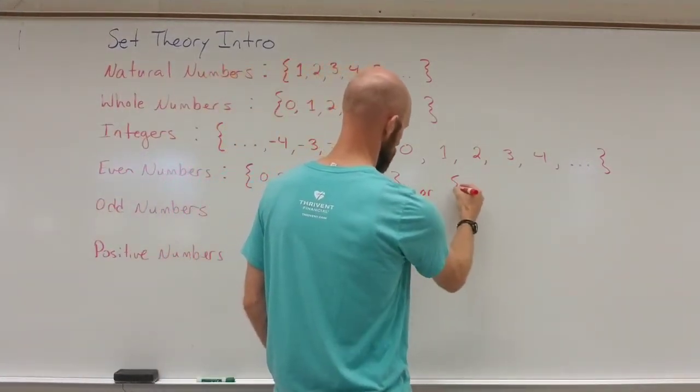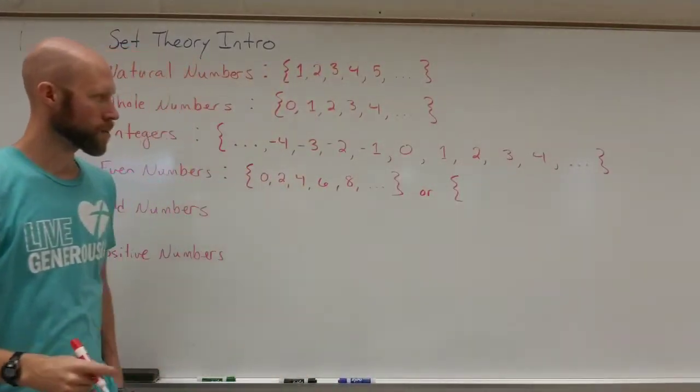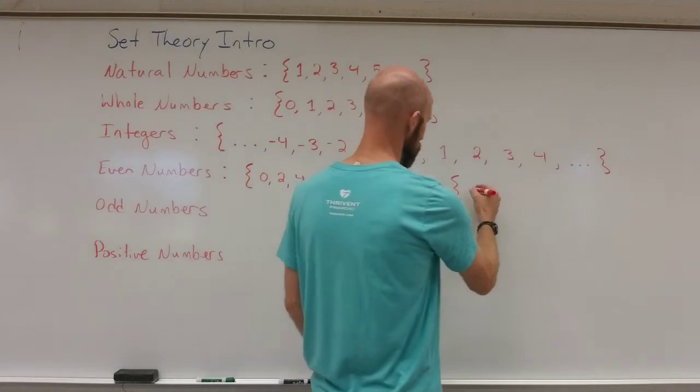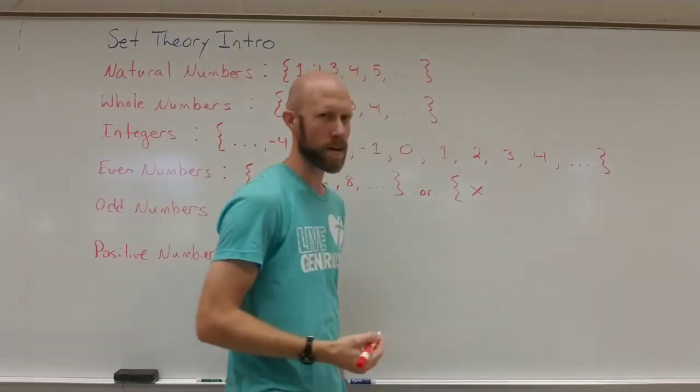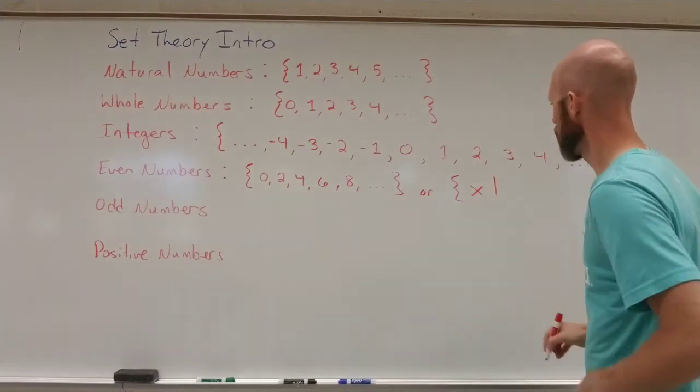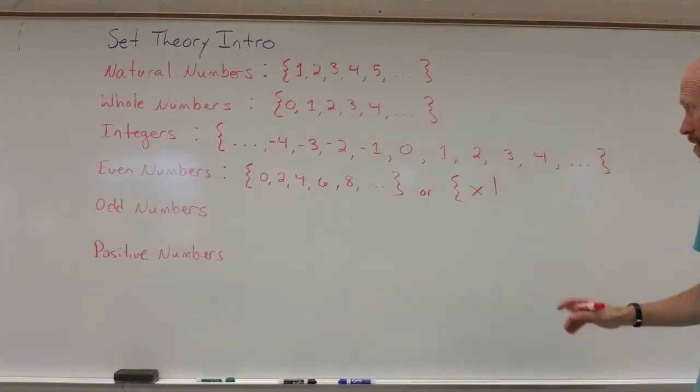you could do a set builder notation where you put a variable in for the number. Let's call it x. I like x a lot for variables or symbols. And some description.